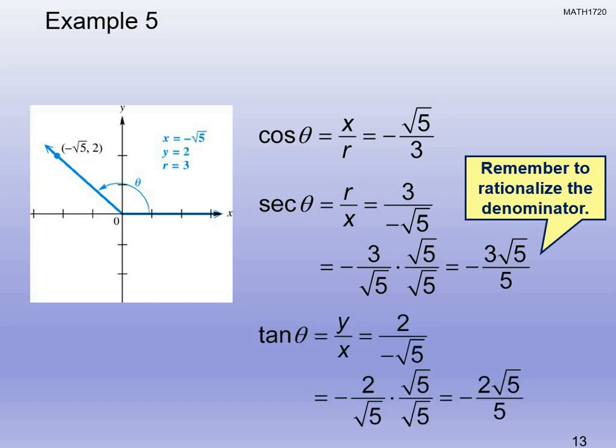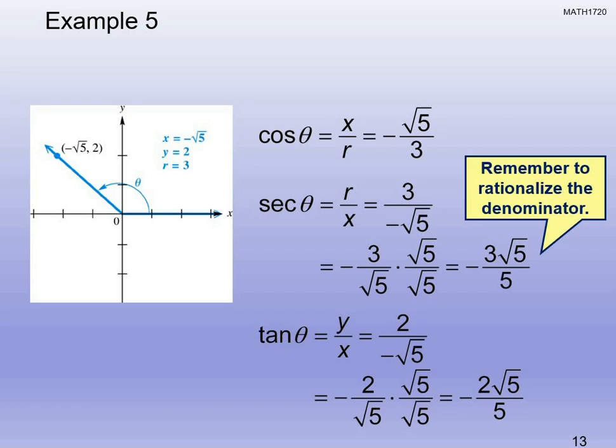And then tangent is what? The opposite over adjacent, or the vertical over the horizontal, which is negative 2 over the square root of 5. That square root of 5 has to be rationalized because we can't have a radical in the denominator.